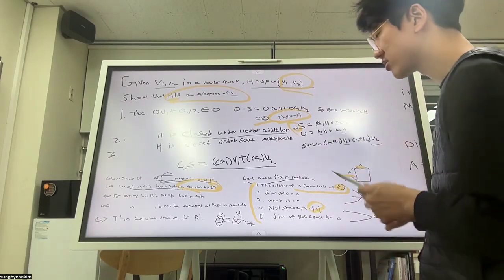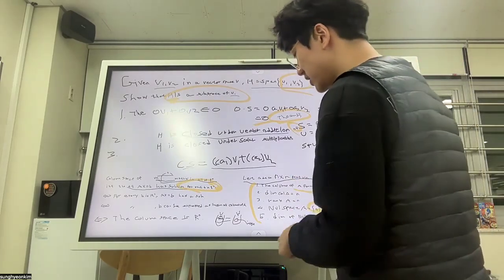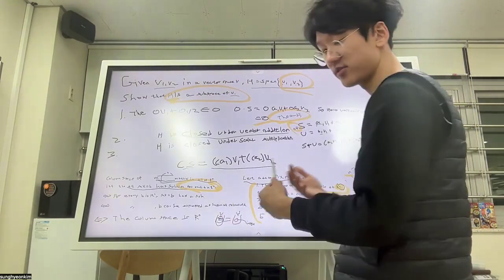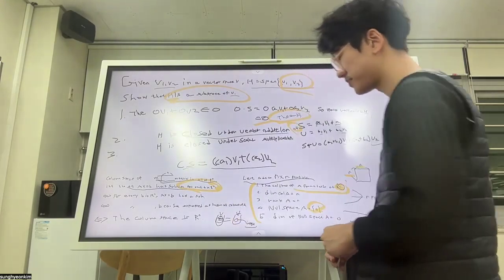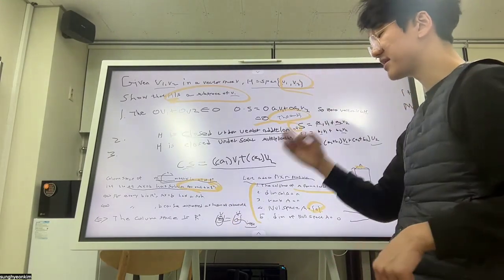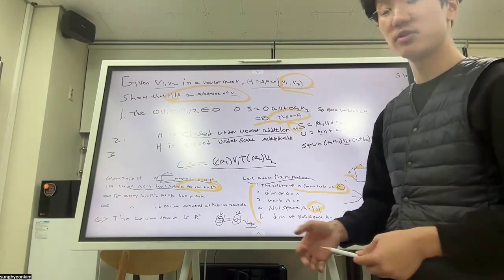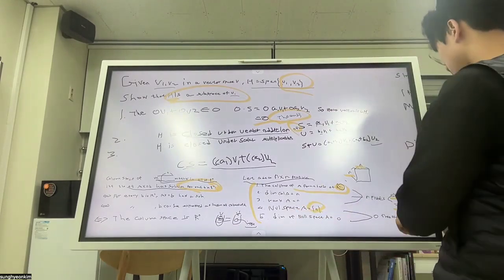And someone confused between kernel and image. The kernel is a subspace of V, and the image is a subspace of W. So what makes the image 0 is an element of the kernel. Okay.